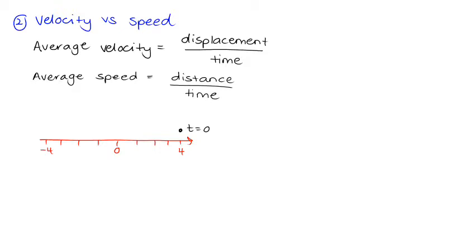So starting there, and it's traveling down to -3. It stops and turns back, goes to -2. At this point here, it's 3 seconds. And at this point here, it's 4 seconds. We'll give this one a unit. It'll be in centimeters. We'll say 0 seconds.